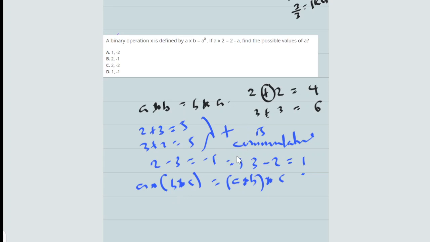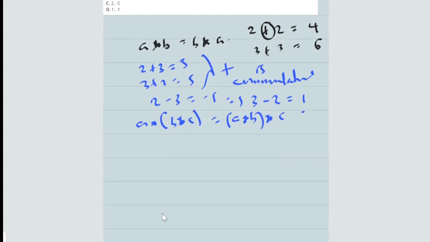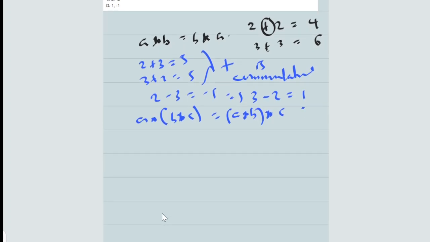Another thing I gave in the last video is the rule of identity element. Although they don't ask it here, I want you to know it because of the exam. So the identity element is what you operate with an element to give you that element back. For example, what am I going to operate with x to give me x back?